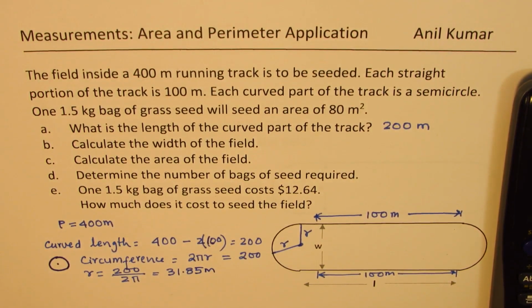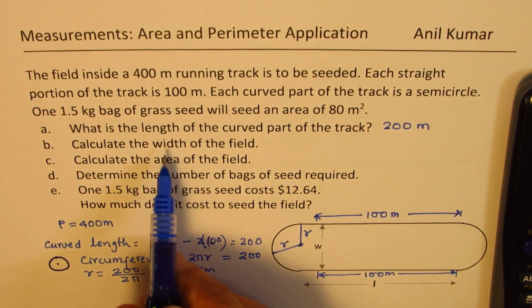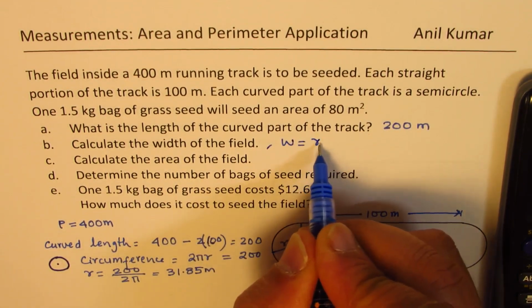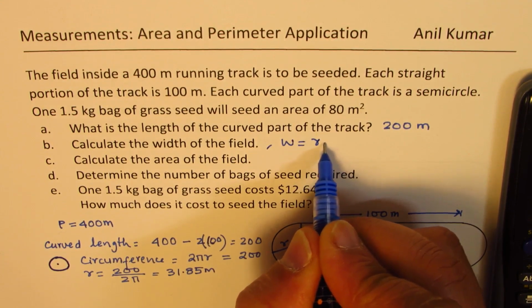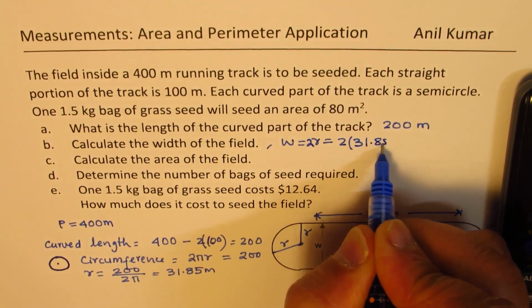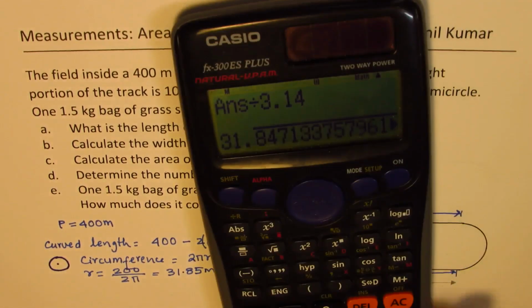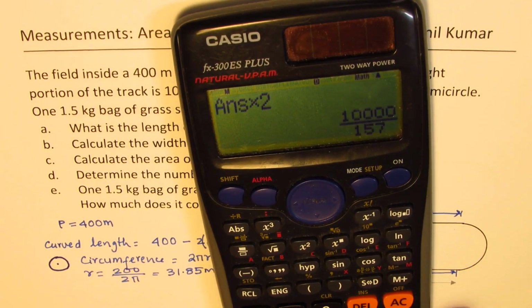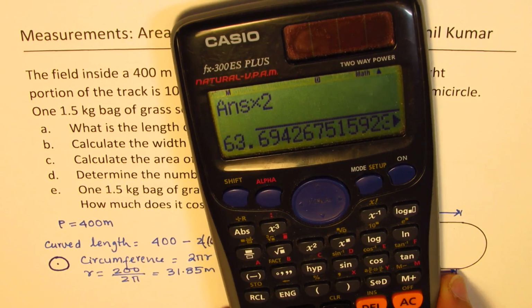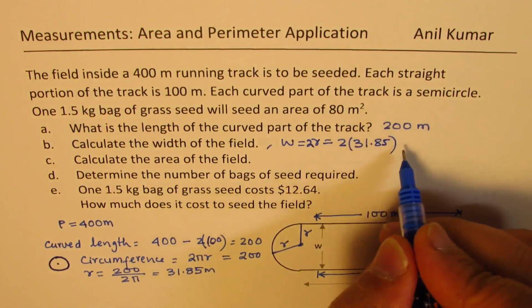So that becomes the radius. We need to find the width. So width W is 2 times radius, so which will be 2 times 31.85. So let's multiply this by 2 to get our answer in decimals, which is 63.7.